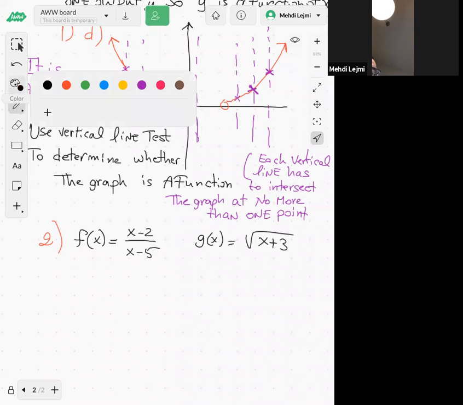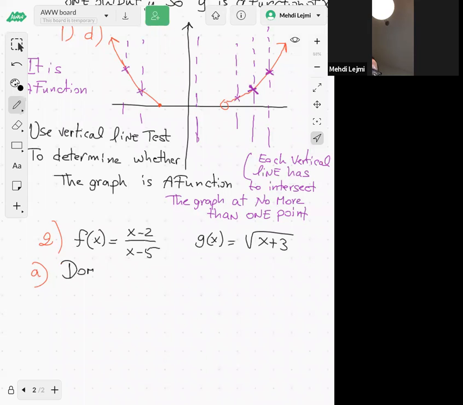So for f, the domain of f, well, we do have a division in f, right? There's a division, so you have to solve the denominator equal to 0.